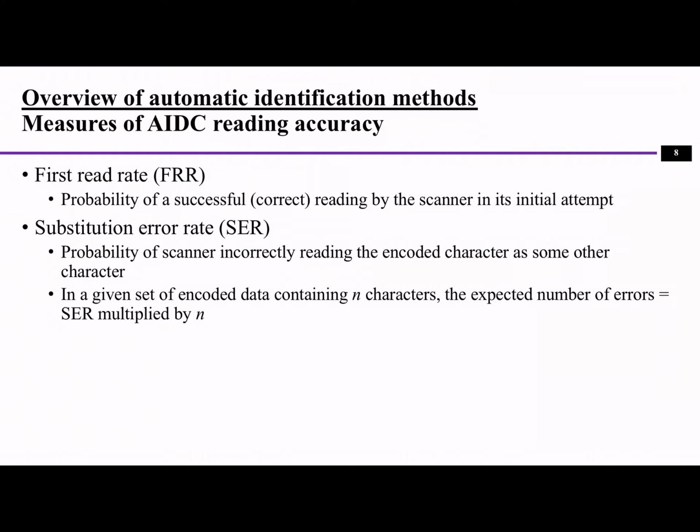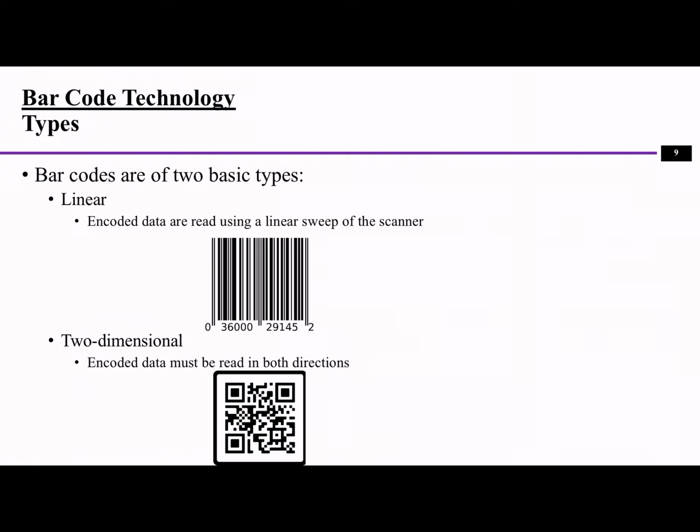In order to calculate the number of errors, you can just use the error rate times how many characters you actually read in a scan. So those are a couple of rates that you can use to measure the technology's accuracy.